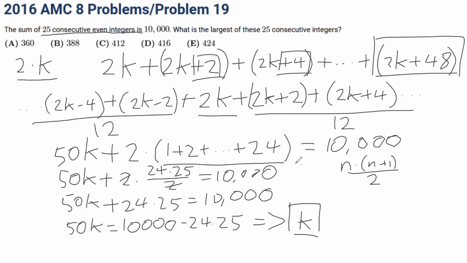And so what you can do is we can regroup the terms and say, wait a minute, negative 2, positive 2 cancel out. Negative 4, positive 4 also cancel out. And then we would keep doing this. Then we would eventually get just 25 terms of just 2k.